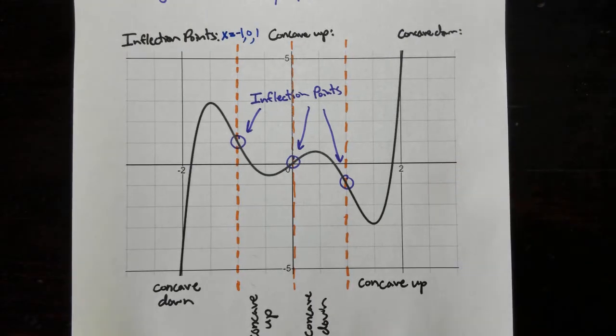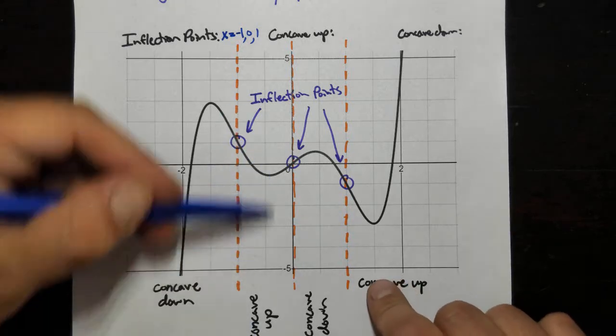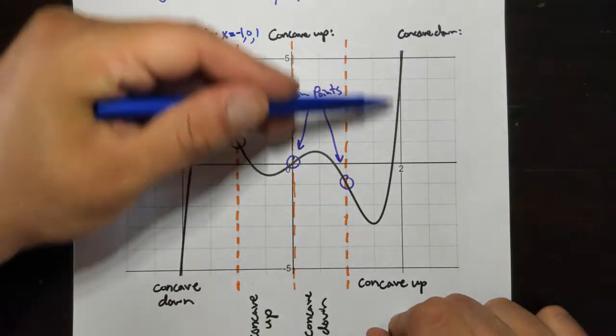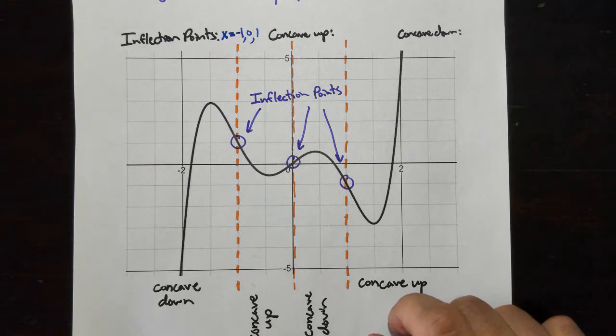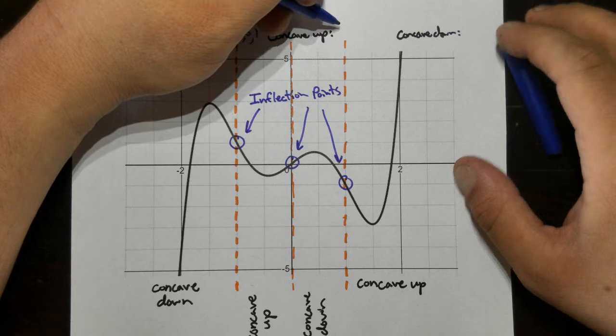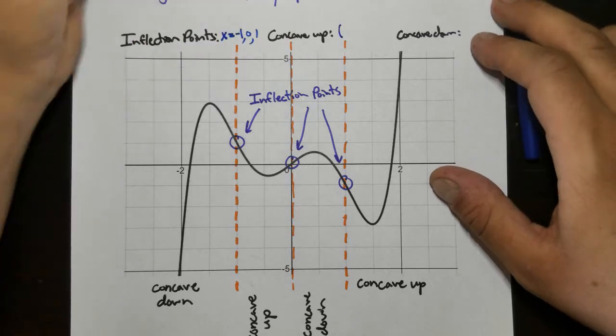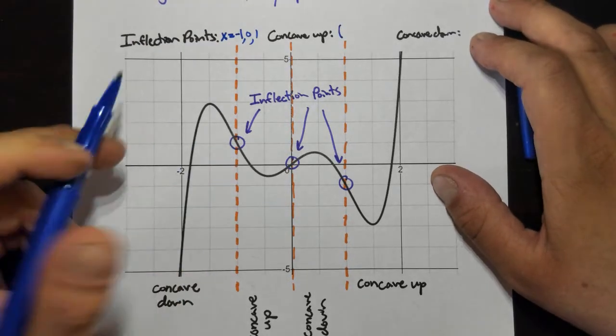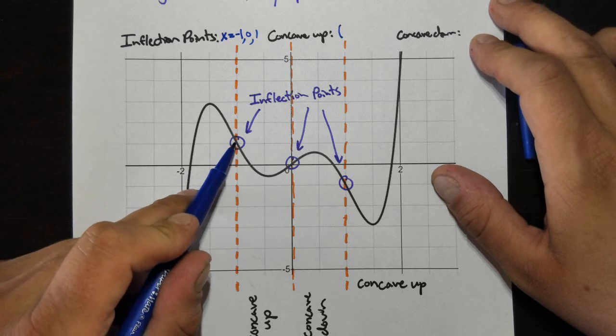Now we want to know where it is concave up. Well, it's concave up in this section, and it's concave up in this section. So remember how we write intervals. We're going to write them in parentheses.